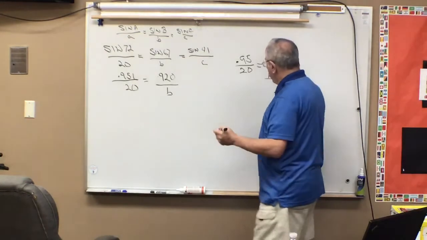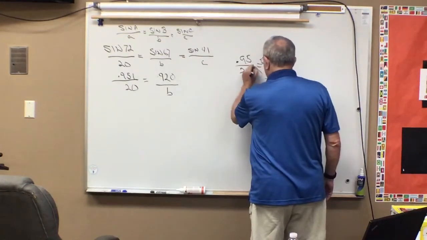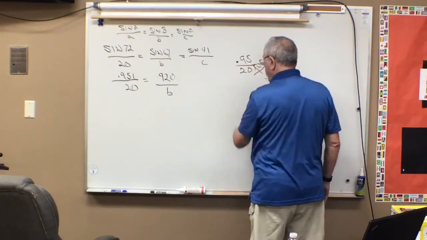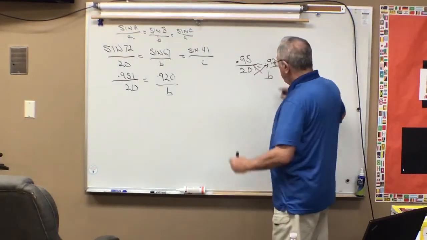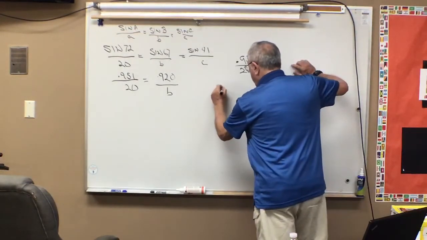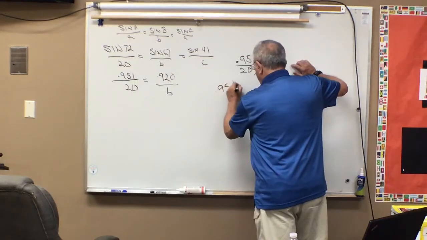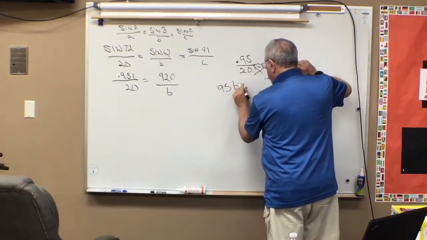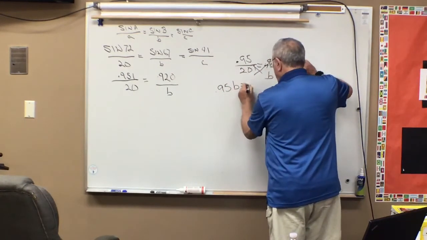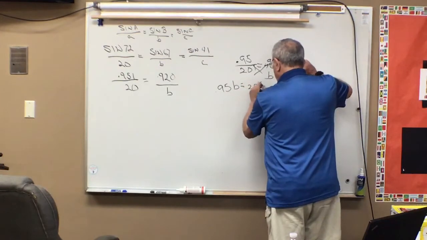All you got to do is cross multiply. So I know that 0.95B equals 20 times 0.92.